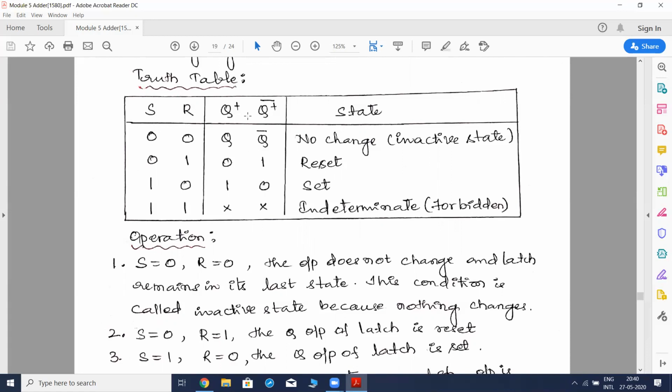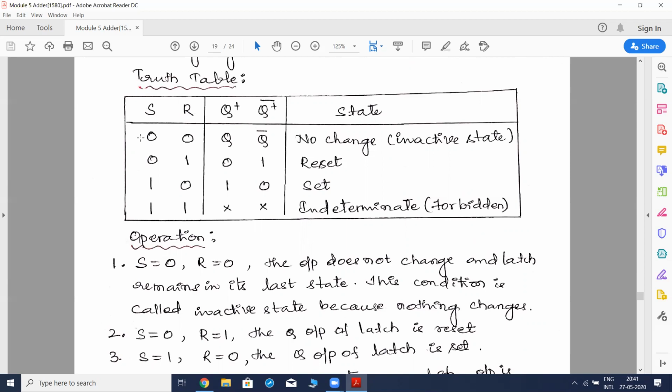So instead of getting confused, we'll consider one type: the previous state and the present state. What was the previous state? After giving this particular input, what outputs we got? That we are going to represent by present state.